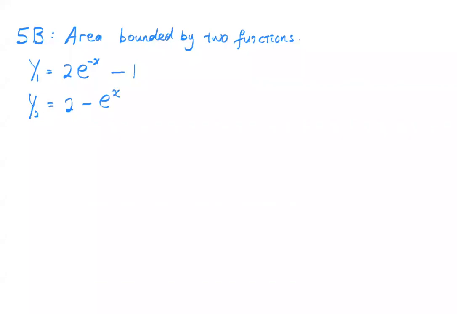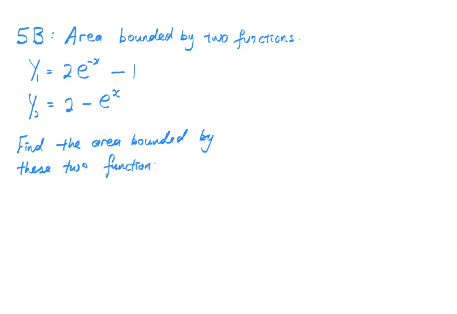I want you to find the area bounded by these two functions. So when we want to find the area bounded by two functions, first of all, we have to sketch the two functions and find the intersection points of the two functions.